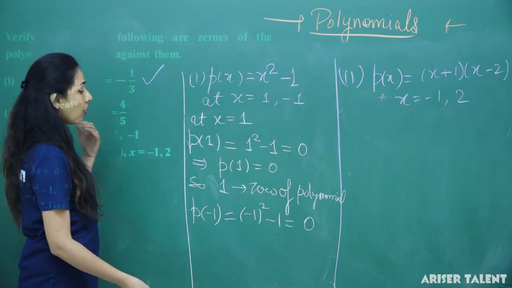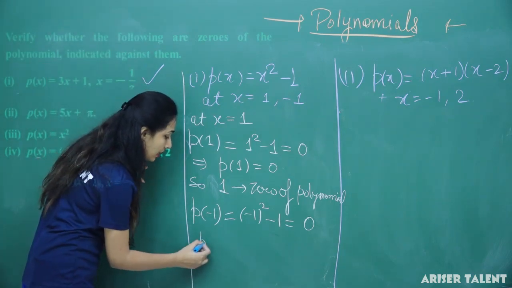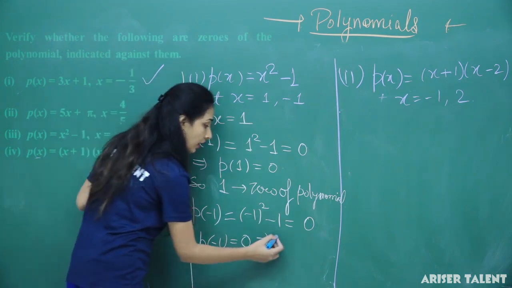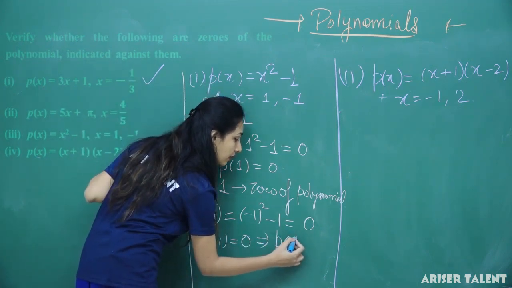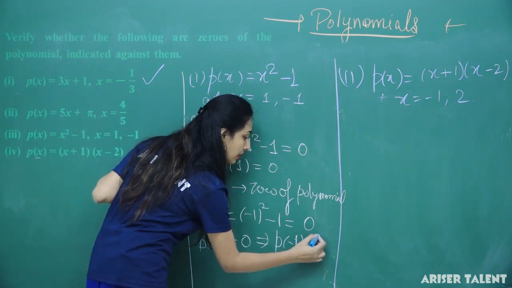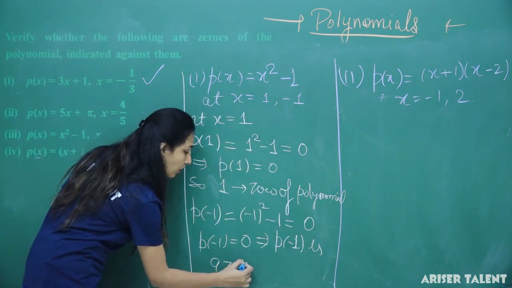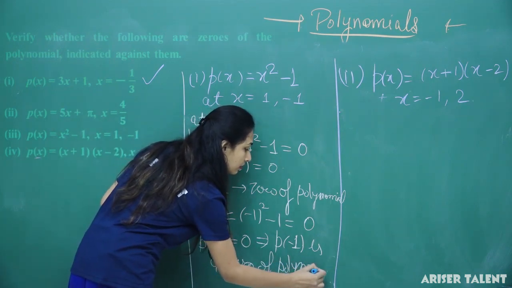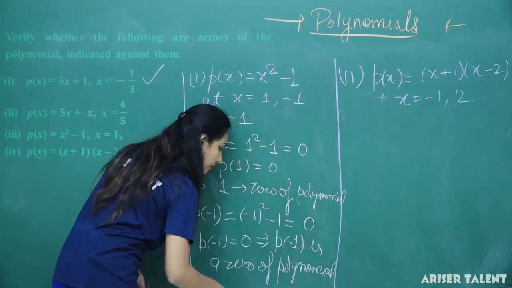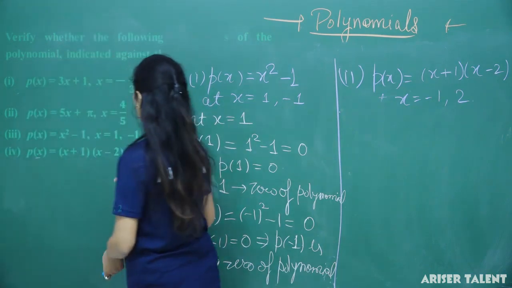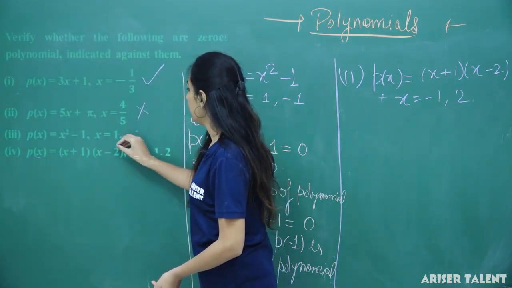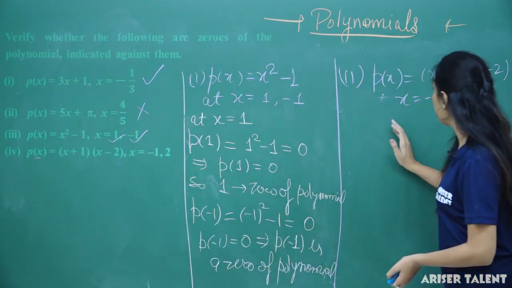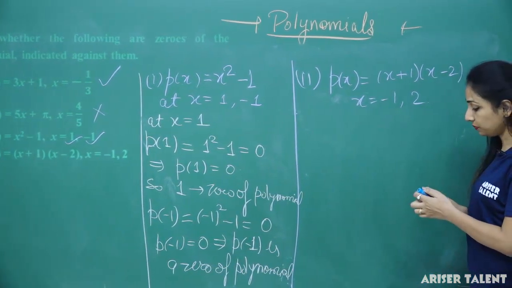So p(-1) equals 0 implies that minus 1 is a zero of the polynomial, right? So for 1 and for minus 1 this is correct.